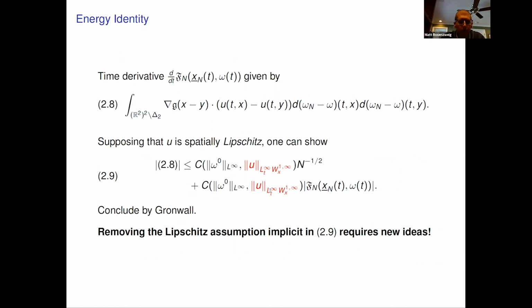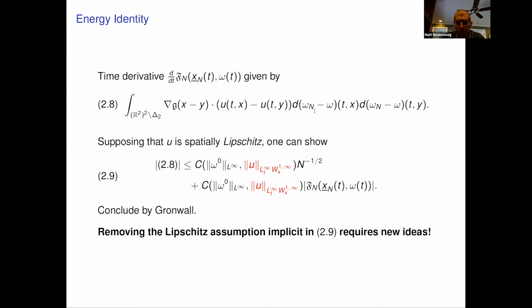Diving in a little bit more, the time derivative of the modulated energy is given by this equation, 2.8. Here we have the gradient of the Coulomb potential, and we're dotting it against this velocity field u_t(x) minus u_t(y), and then integrating against omega n minus omega on R2 cross R2. Now, suppose for a moment that the velocity is spatially Lipschitz.